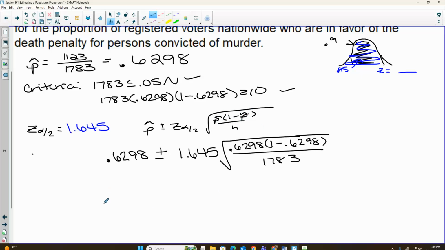If I want to get my confidence interval, typically we just write it as an interval with a starting and stopping point. You do the small one first. So we would do 0.6298 minus.